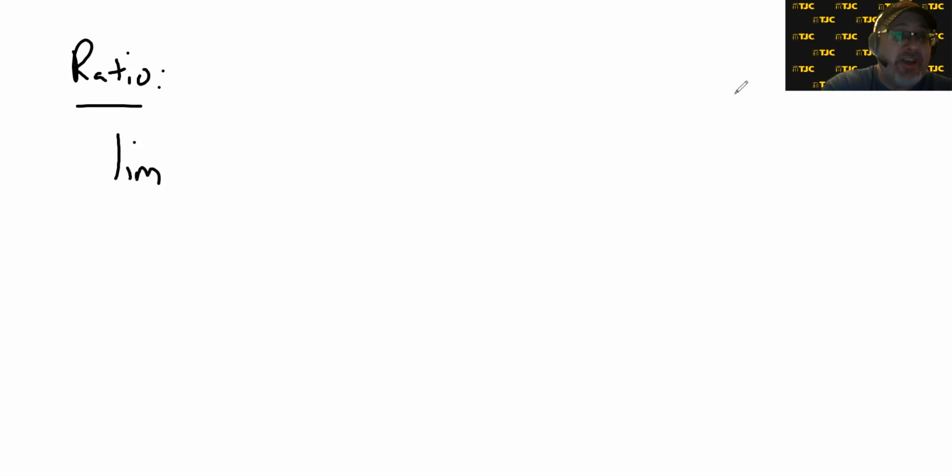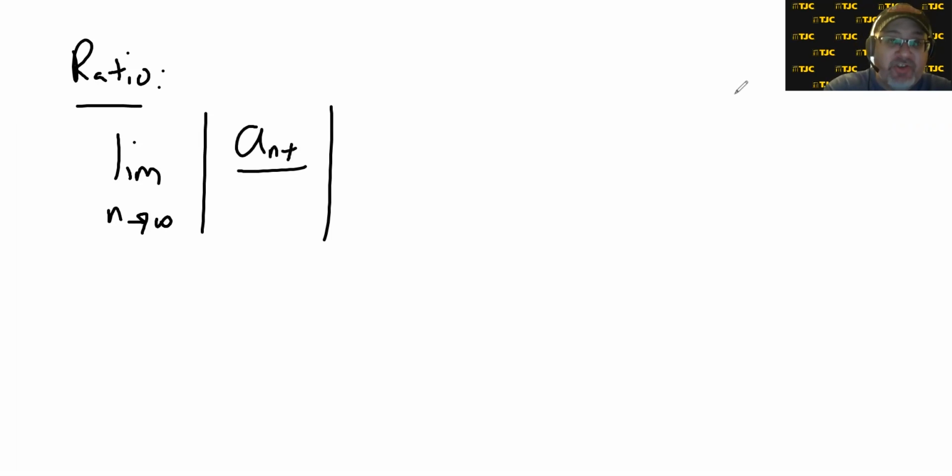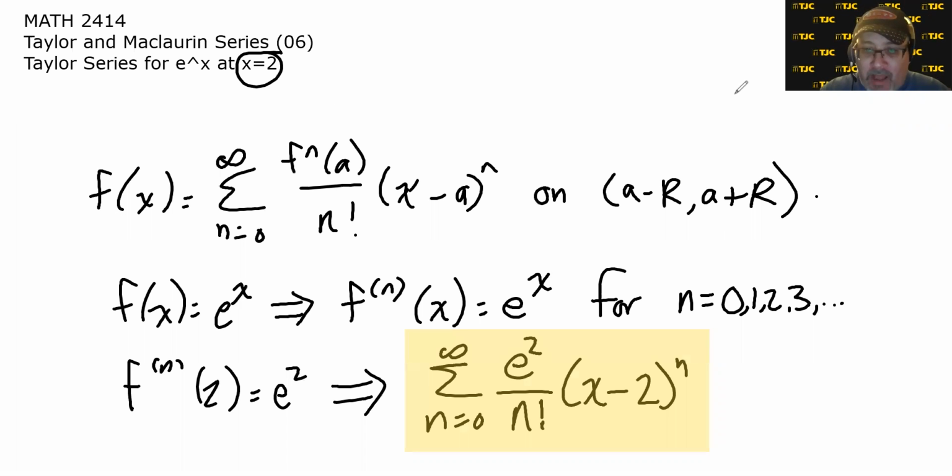Remember that the ratio test is the limit as n approaches infinity of the ratio of the n plus first term of the series to the nth term of the series. But since our term is essentially a fraction, instead of dividing by the nth term, we're going to multiply by its reciprocal.